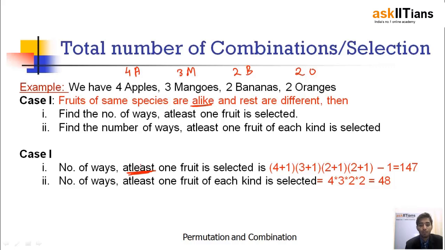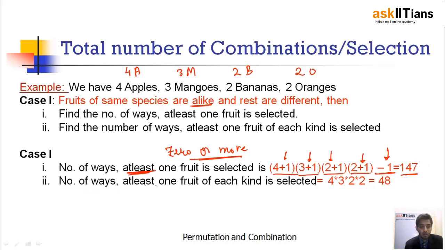First of all, we will select 0 or more fruits by (4 plus 1)(3 plus 1)(2 plus 1)(2 plus 1) number of ways, and then we will subtract one case when nothing is selected. So (4 plus 1)(3 plus 1)(2 plus 1)(2 plus 1) minus 1. The total number of ways of doing so will be 147.